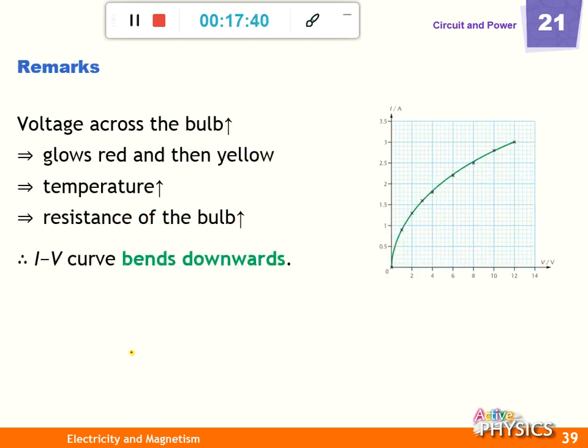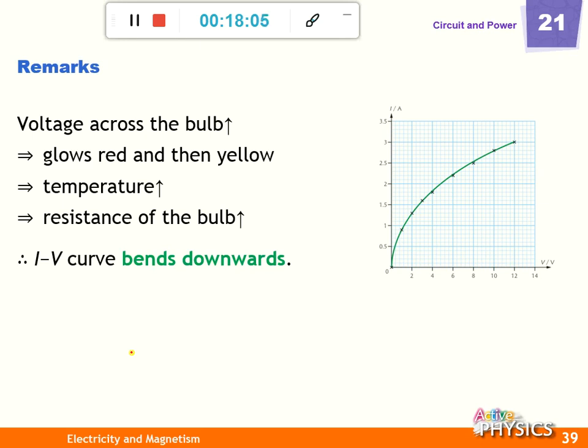Remark: as the voltage across the light bulb increases, it goes red, and then yellow. What is the meaning of red and yellow? In waves, we know the color code: from red to yellow, the temperature is higher, because this is visible light.